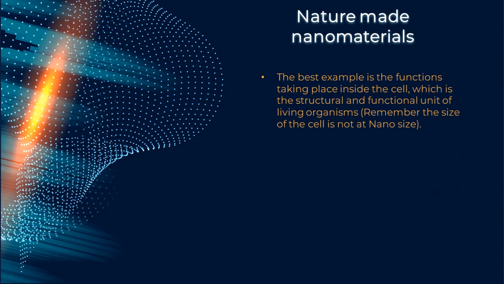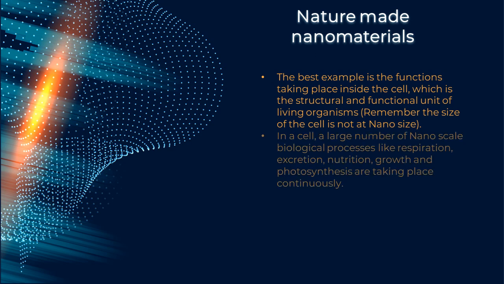Now let's see the nature-made nanomaterials. The best example is the functions taking place inside the cell, which is the structural and functional unit of living organisms. Remember, the size of the cell is noted as nano size.